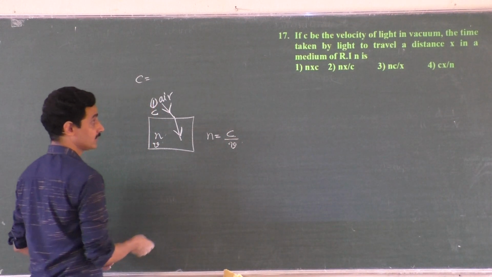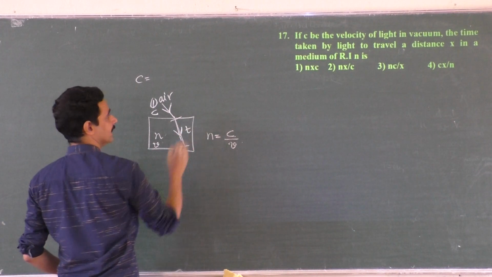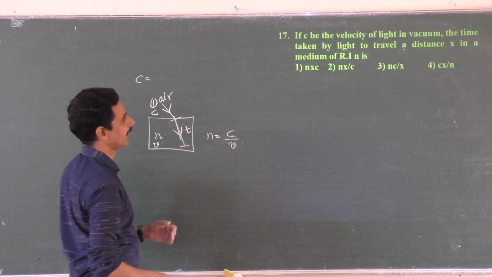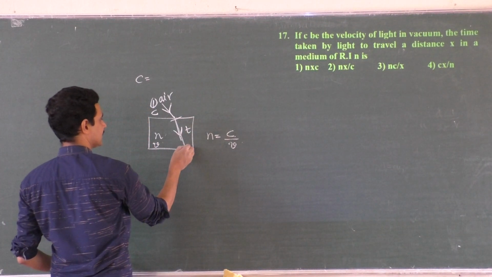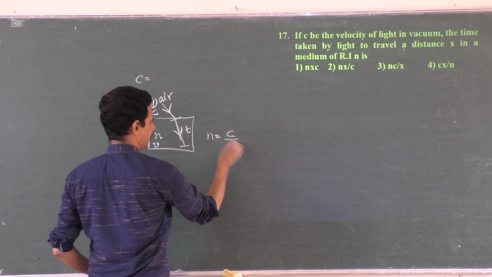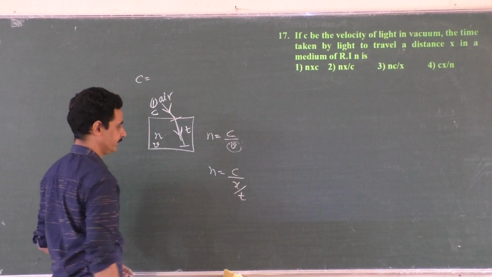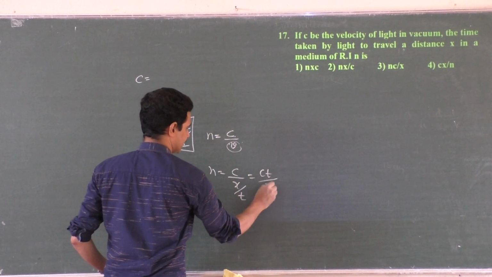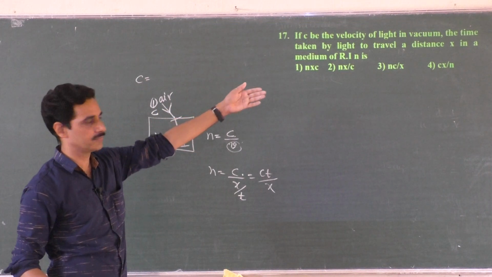Now the light has to travel a distance x in a time t, right? What is the time taken by the light to travel a distance x in this medium? So expand this: n is equal to c by distance traveled by time, that is, ct by x. We have to express time in terms of one formula.